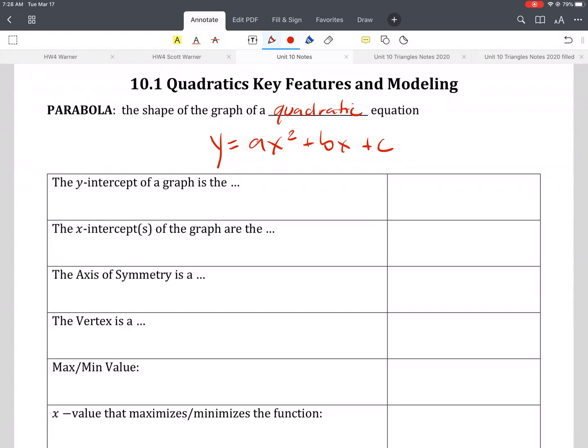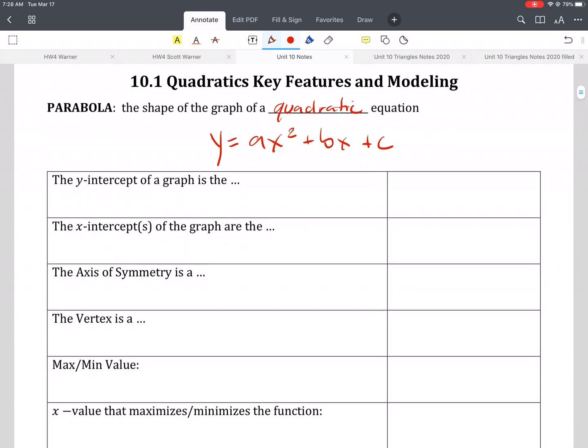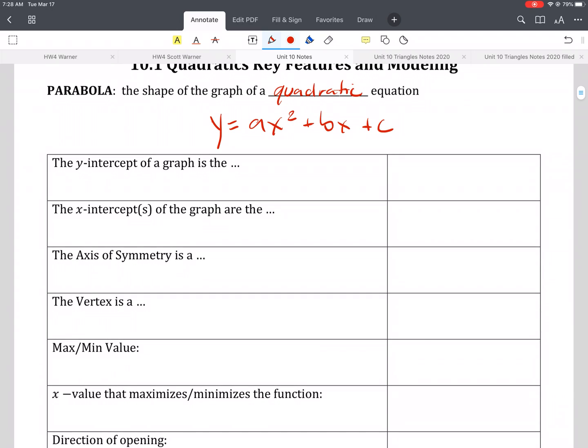But now we actually have an equation, and we're going to learn how to graph those and what the key features of a quadratic are. So the first one is the y-intercept of a graph, which is the place where it crosses the y-axis.